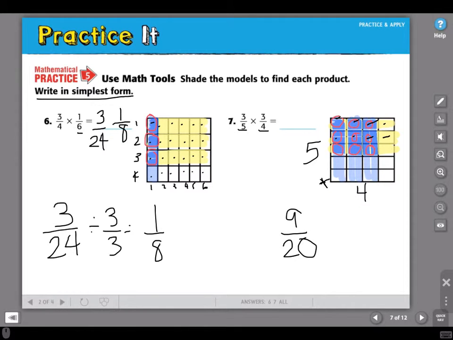Do I have 20 sections? 20 sections. 9/20. This is the simplest form of this fraction because 9 and 20 do not have a common factor greater than 1.